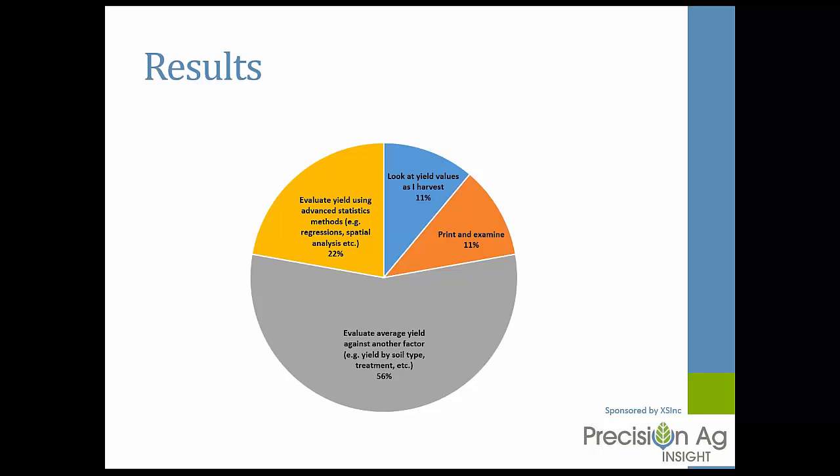It looks like most of you are analyzing your customers' yield data by seeing how performance varied on average by different factors. Next we're going to look at an example of the yield trends before and after cleaning, first by evaluating the yield by those averages, and then by looking at it with a more advanced statistical method, which would be analyzing that field with our precision yield analysis software, AgVeritas.